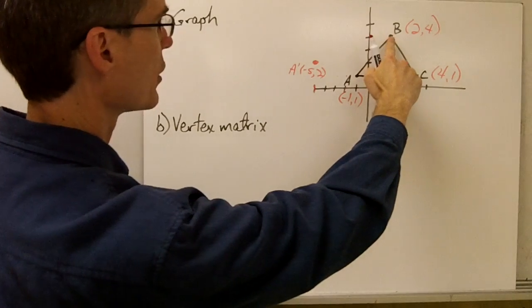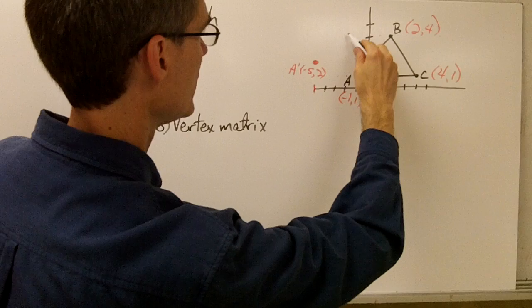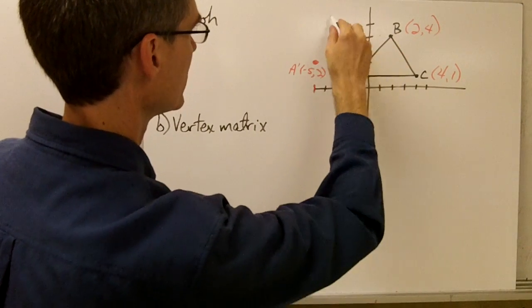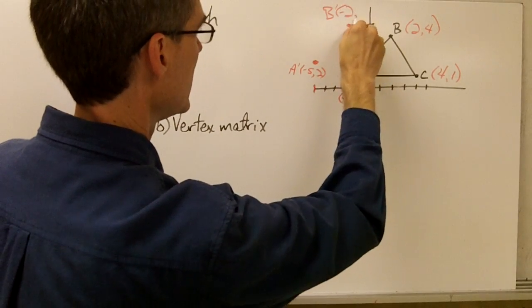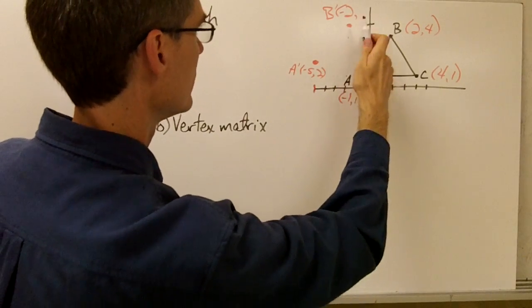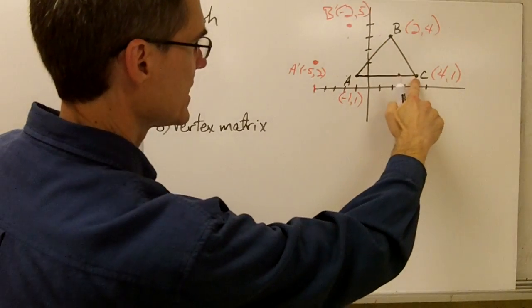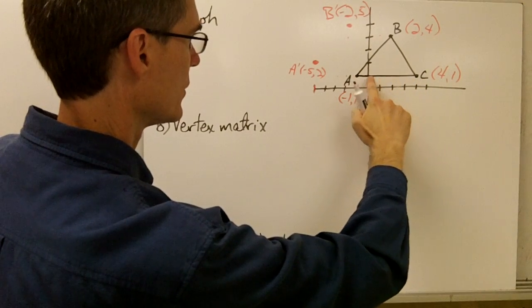All right, B, I want to go left 4 and up 1. So 1, 2, 3, 4, and up 1. That's going to put my new point B prime at -2, 5. Okay, C, left 4 and up 1. So C is going to go left 4, 1, 2, 3, 4.